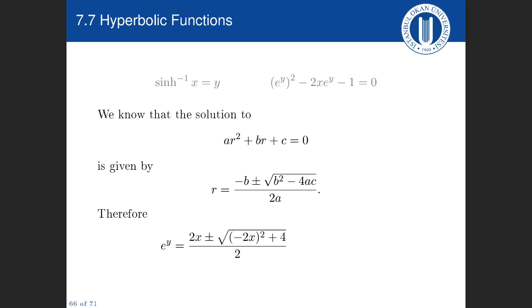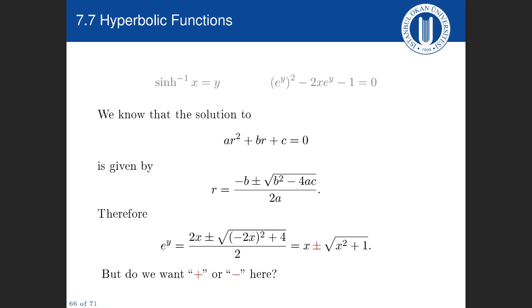Put these in. e to the power y is 2x, because that's minus b, plus or minus the square root of b squared, so minus 2x all squared, minus 4ac, that's plus 4, divided by 2a, so just divided by 2. And this simplifies down to x plus or minus square root of x squared plus 1.